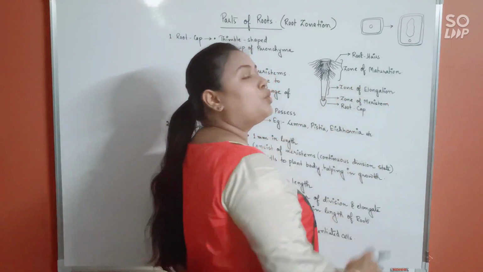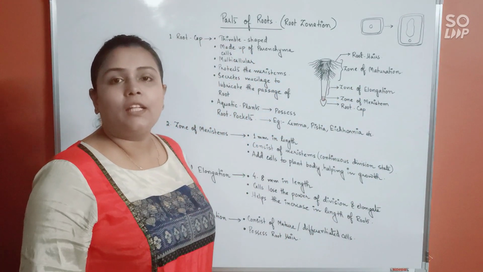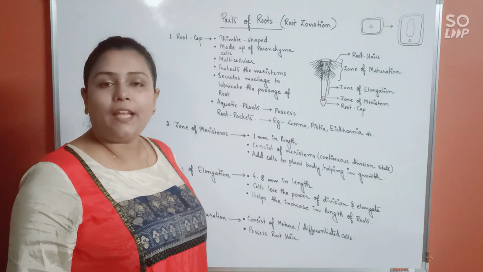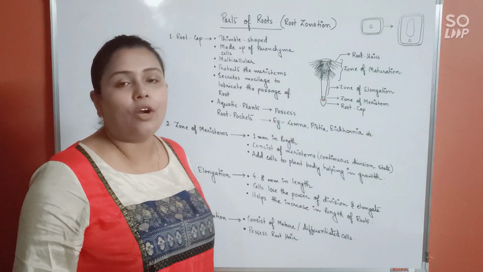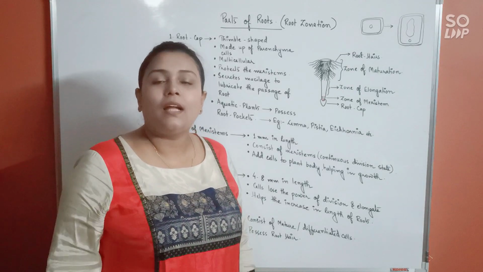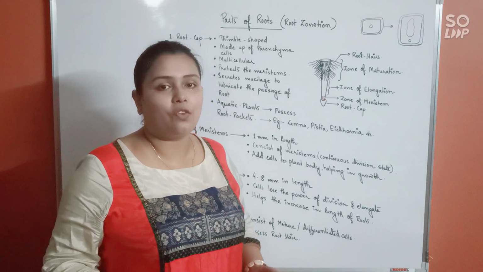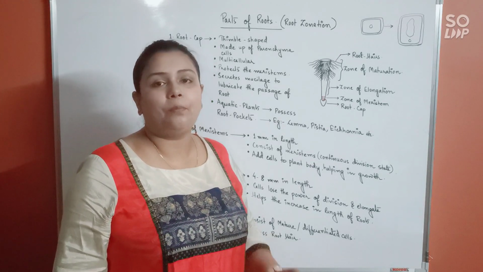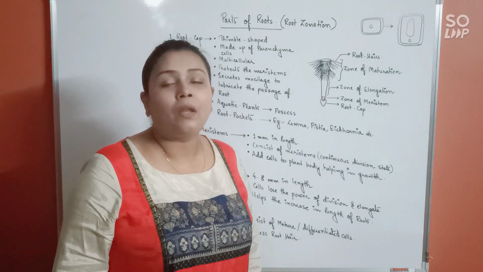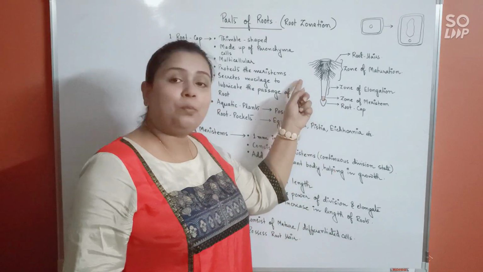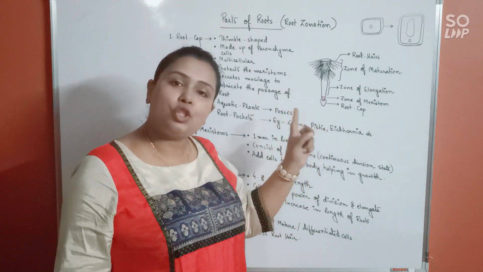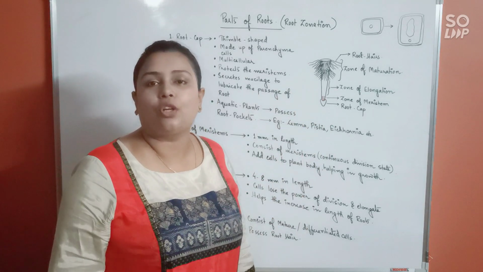Finally, we have the zone of maturation. In the zone of maturation, the cells are all matured or differentiated, meaning the cells now have a specific shape and start performing a specific function. The major absorption of water and minerals takes place in the zone of maturation. Why?